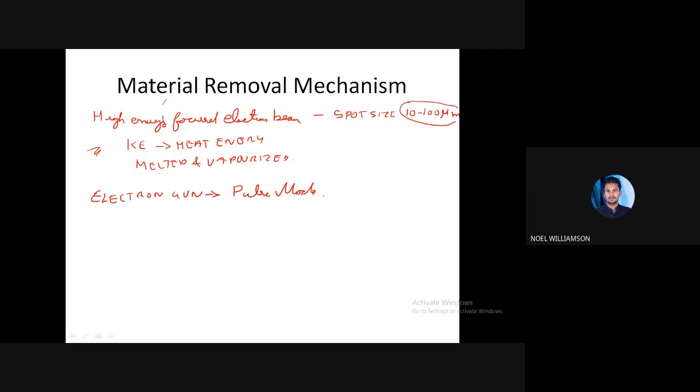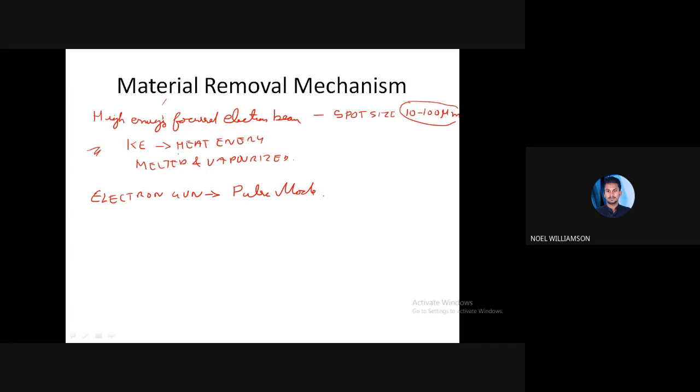Pulse mode means it is not in a continuous manner but in pulses. So depending on the energy of each pulse, the material removal also will vary.